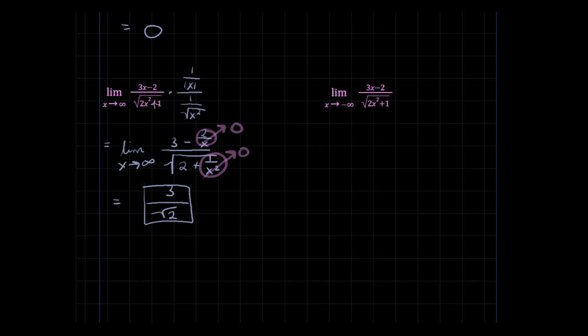Okay, and that makes sense because in a way, the numerator and the denominator are of equal strength here. Square root of 2x squared plus 1 is as strong as a square root of x squared, which is an x, or an absolute value of x, and the top is also absolute value of x. So in a way, the numerator and denominator are the same strength here.